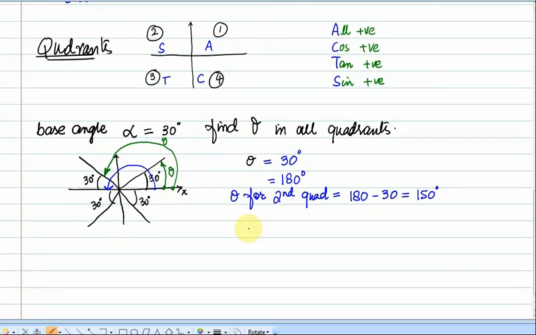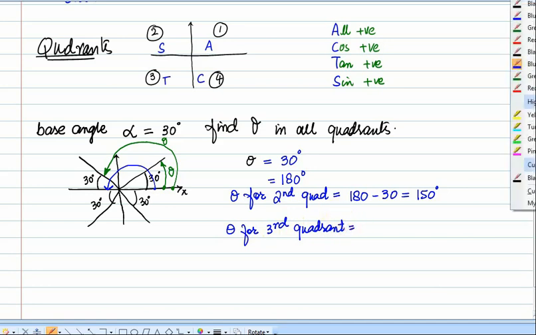Similarly, if I need to find out theta for the third quadrant, now we know that it always starts from the positive x-axis and goes anti-clockwise because we are looking for the positive theta. Now if we move from the positive x-axis till the third quadrant, this is the angle we need to find out, right?